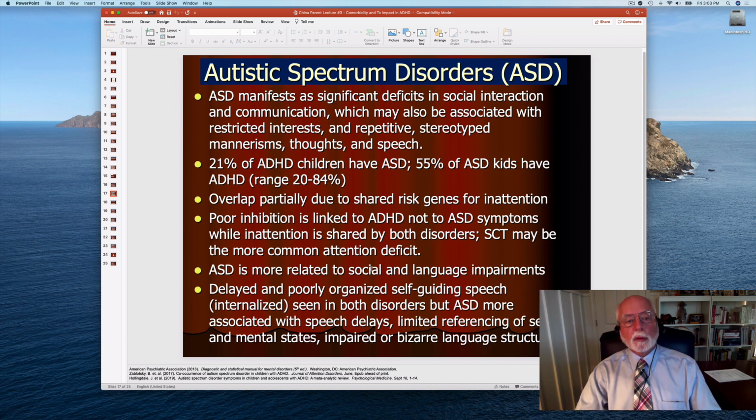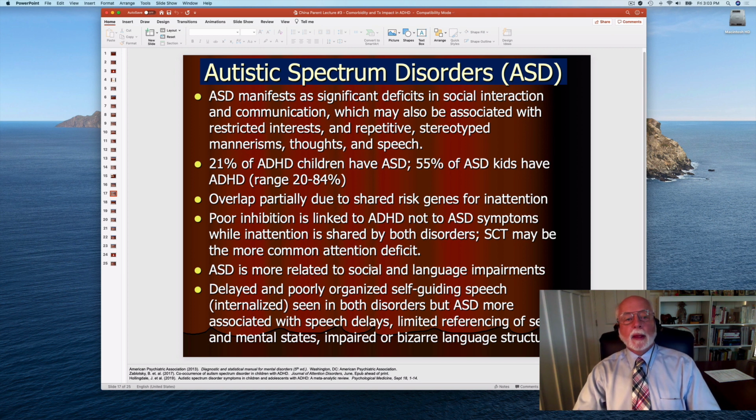Yet another disorder that we see in some children with ADHD, though much less common than the other disorders I've mentioned, is autism spectrum disorder, abbreviated ASD.